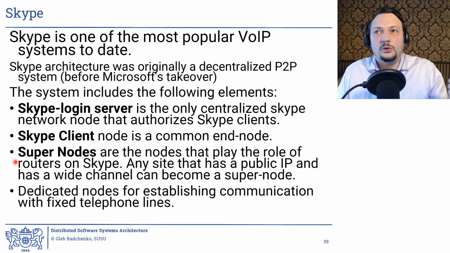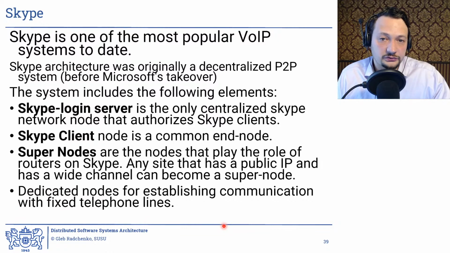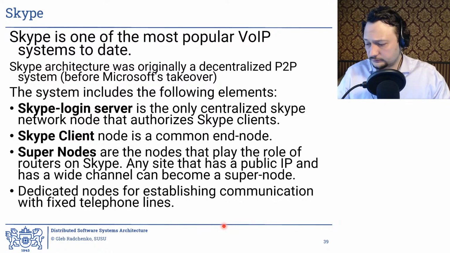A supernode was a specific type of node that worked as a router in the system. So if some node was behind a NAT or firewall, the supernode would allow organizing the communication with this node. Also, they had some special nodes for establishing communication with fixed telephone lines, because using Skype you are able to call a mobile phone, cell phone, or a stationary phone.